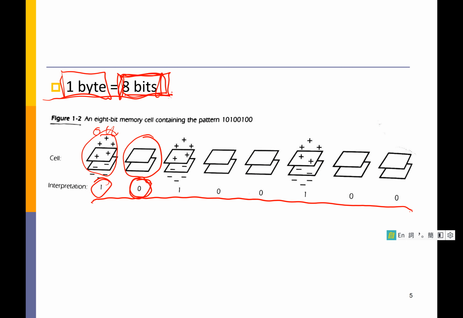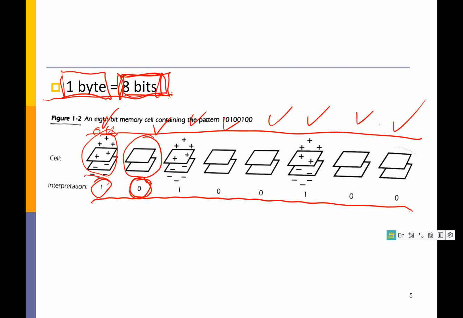So here we have capacitors, okay? 1, 2, 3, 4, 5, 6, 7, 8. We have capacitors, and we put them in sequence. And each capacitor is either charged or discharged.